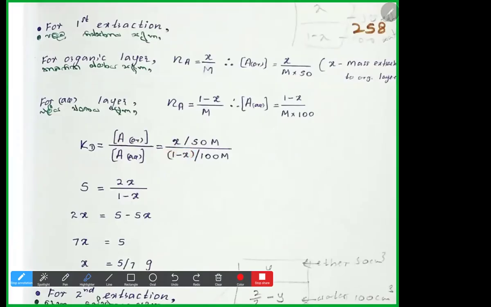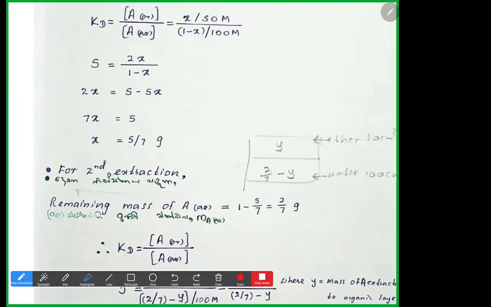This time, molar mass is the same, but the volume is different. Here it's 50, here it's 100. So when you do the calculation, now X is 5/7. Then how much remains in the aqueous phase? 7/7 minus 5/7 equals 2/7. This is remaining in the aqueous layer.